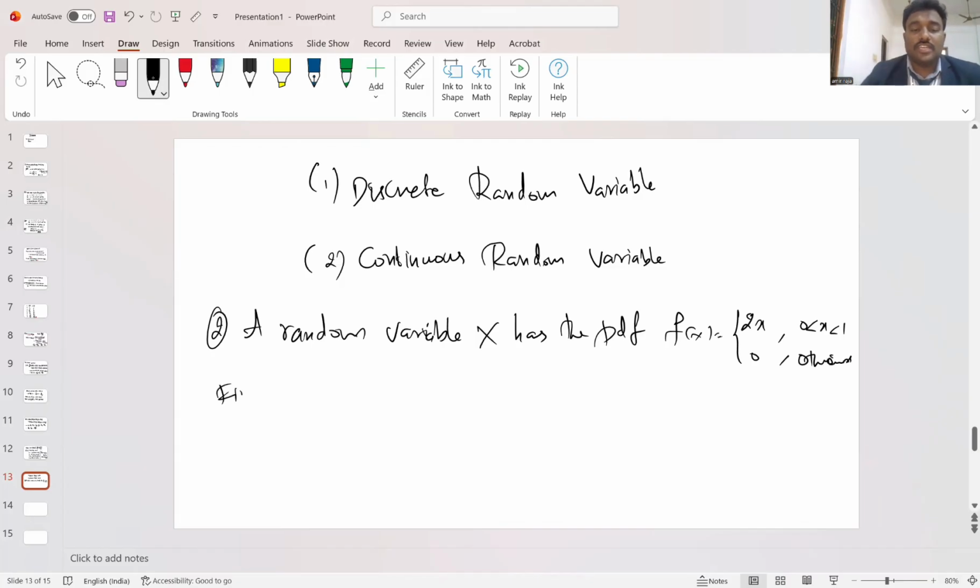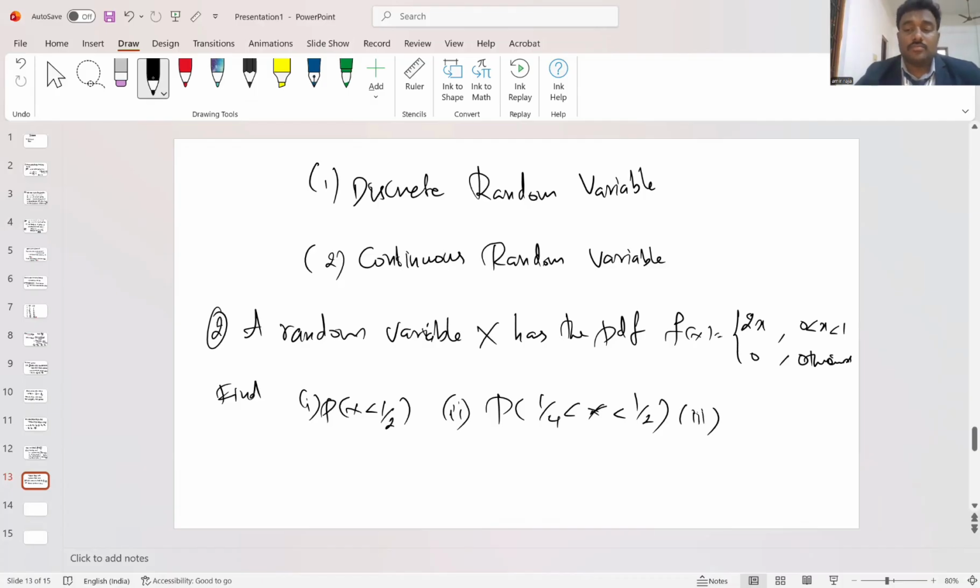So now we should find out the values of probability of x less than 1 by 2, and probability of x is between 1 by 4 to 1 by 2, and probability of x greater than 3 by 4 with the condition x greater than 1 by 2.